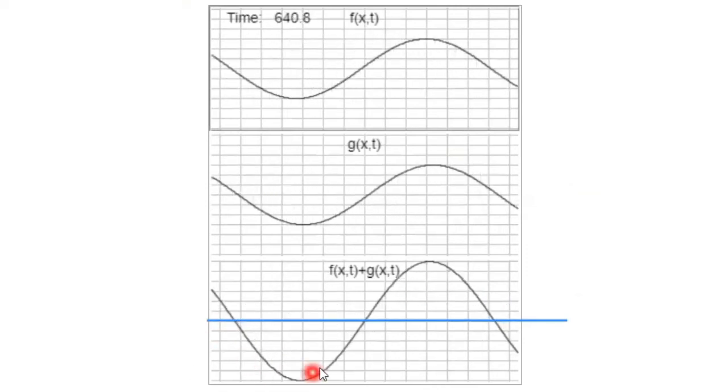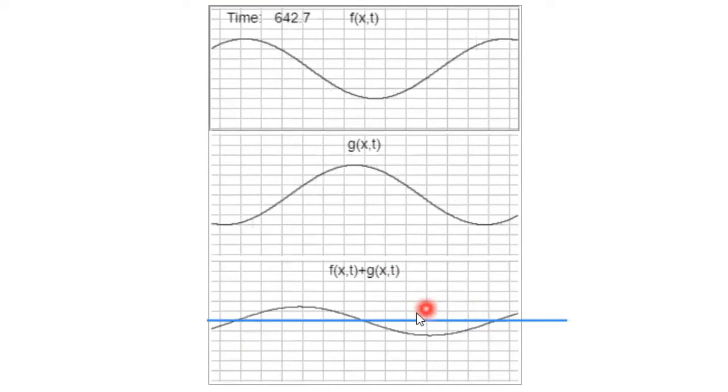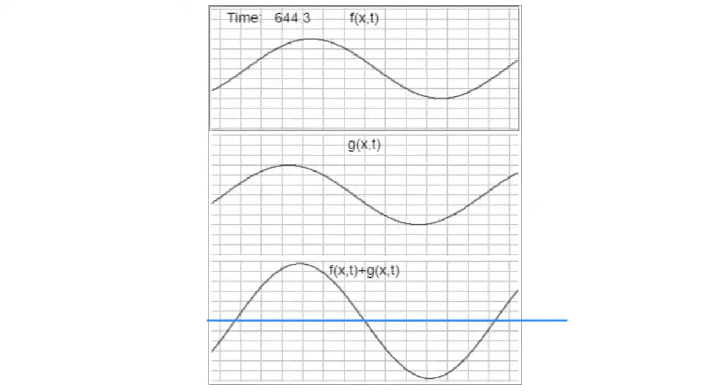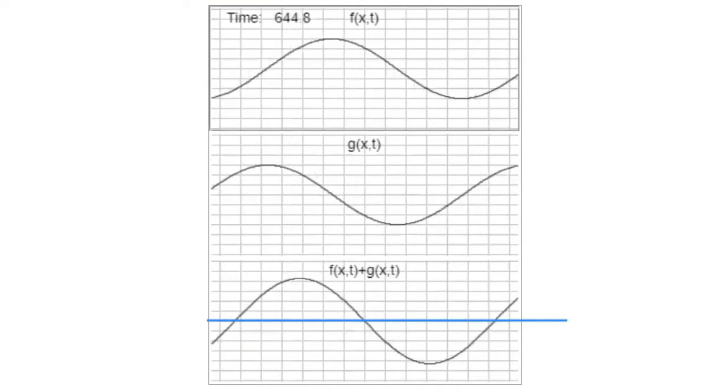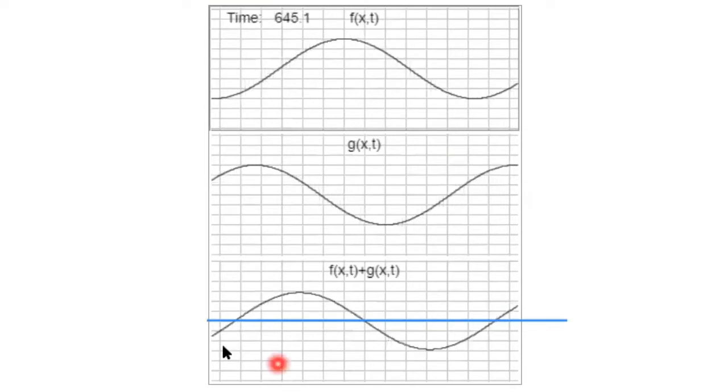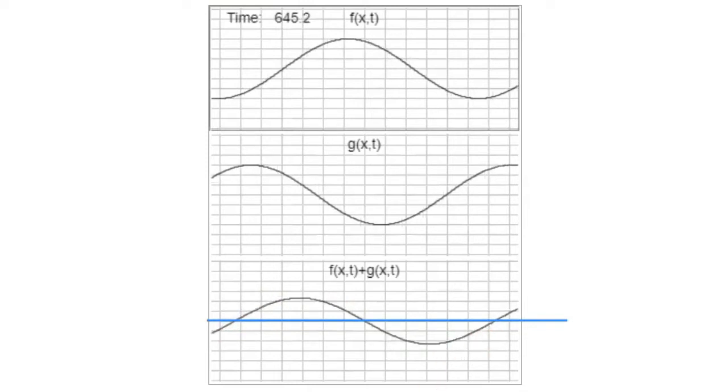So this is the rope in which a stationary wave is formed. Let us see this in slow motion. At this instant of time, the particles are on the rope and they are moving towards their mean position.